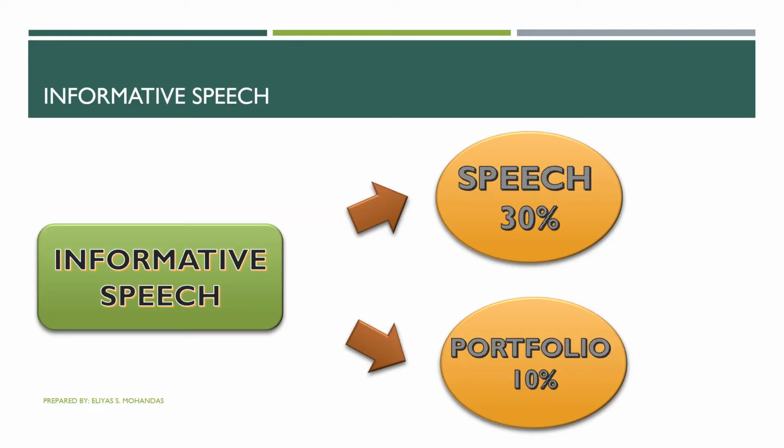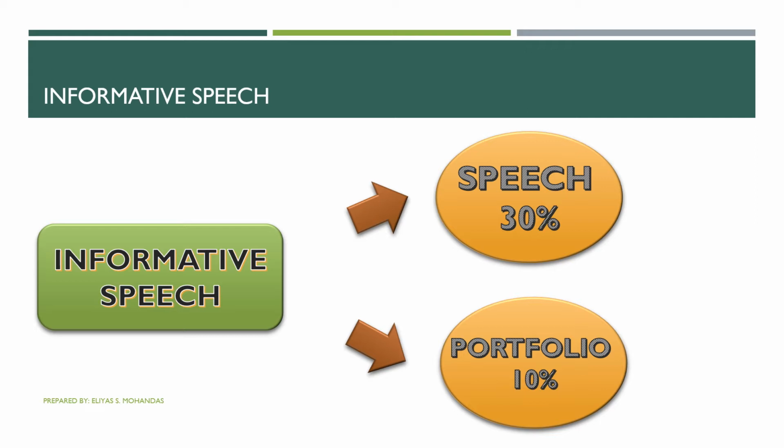Let us move on with informative speech. Now, although this is an oral presentation course, the assessments that you are going to carry out are going to be speech assessments. In other words, you will be presenting two types of speeches. As I have already mentioned just now, the first one is informative speech and the second is persuasive speech. Now, for informative speech, the marks are divided into two parts.